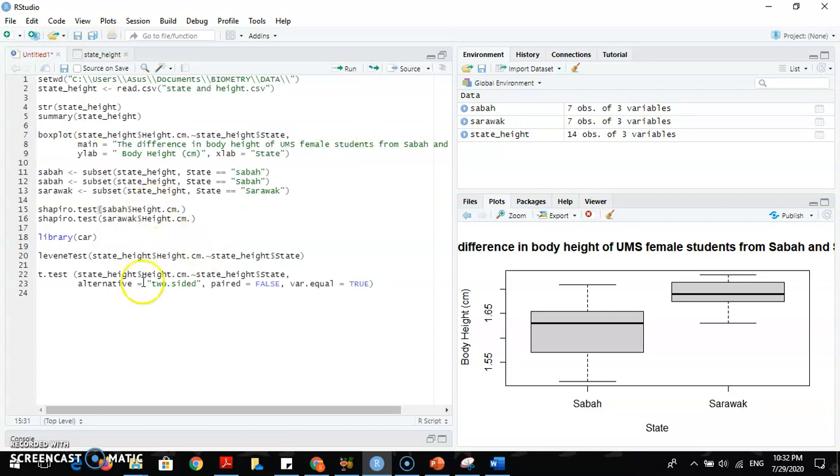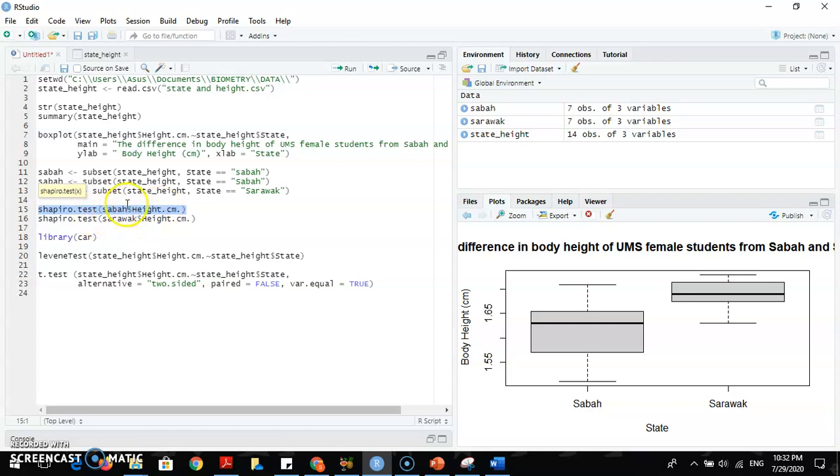And then I continued with the Shapiro test. I separated the data into subsets because the Shapiro test needed a subset to work. And then I started with Sabah. This is the command for normality test. Shapiro test is the command for normality.